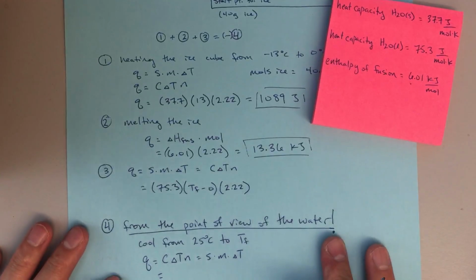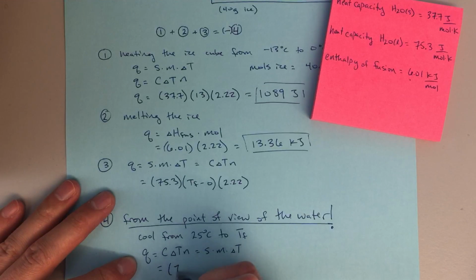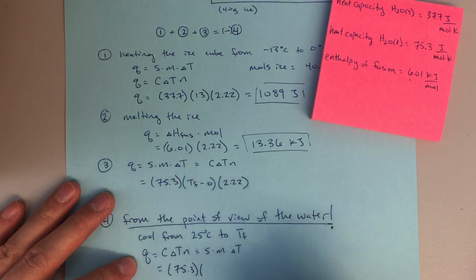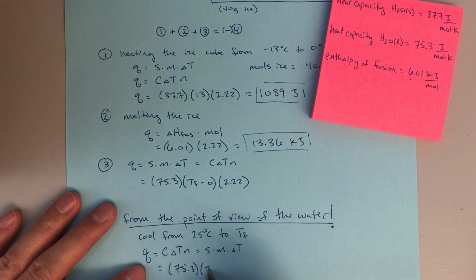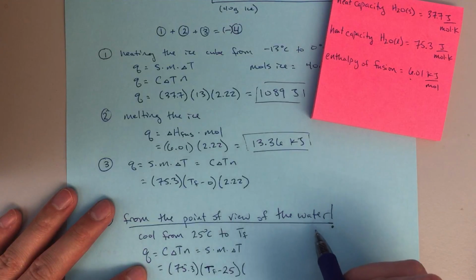But in this case, with our C value that was given, that's going to be 75.3. Now this is going to be T final minus 25, right? So T final minus T initial, T final minus 25. And then I'm going to multiply that by the number of moles. And we have to be very careful since it's the point of view of the water.